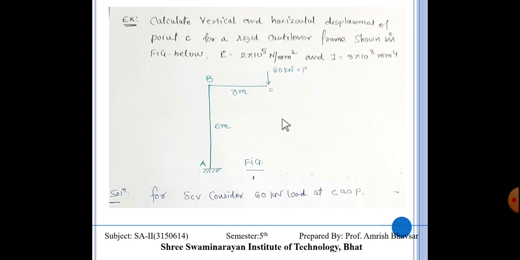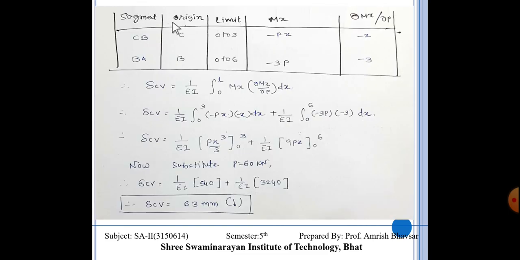So first we are going to find out the vertical deflection, and for that we have to take a vertical point load as P. Here we already have the force, that is 60, so we have to take 60 as P. Now whenever we finalize the P, we are going to make a table with segment, origin, limit, Mx, del Mx upon del P. CB and BA.